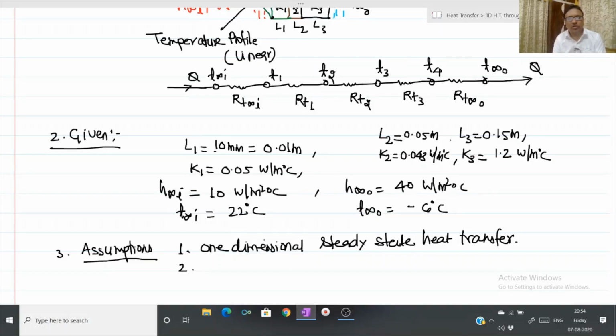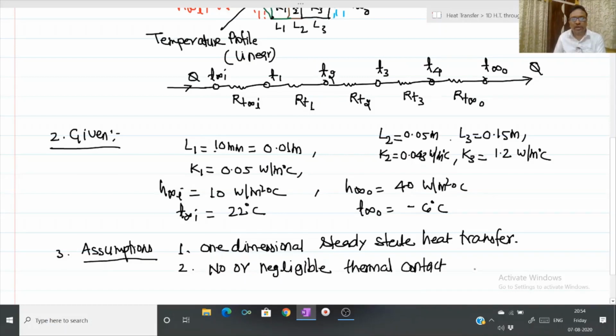So we are going to neglect that thermal resistance because we don't have given any values in the problem statement. So no or negligible thermal contact resistance.